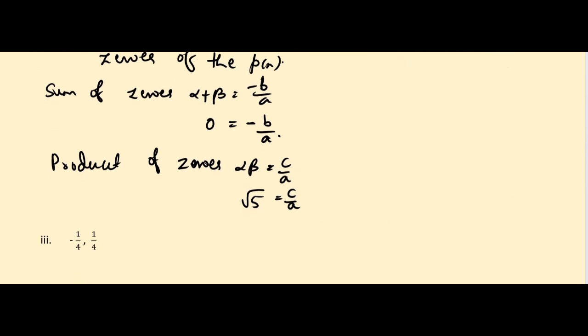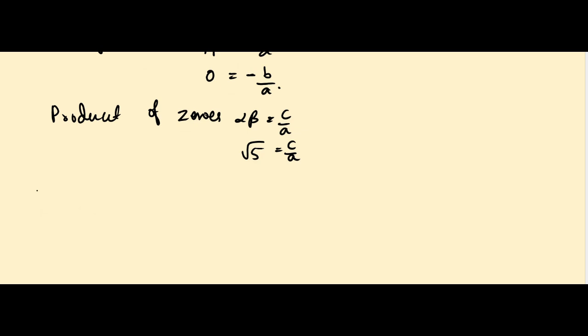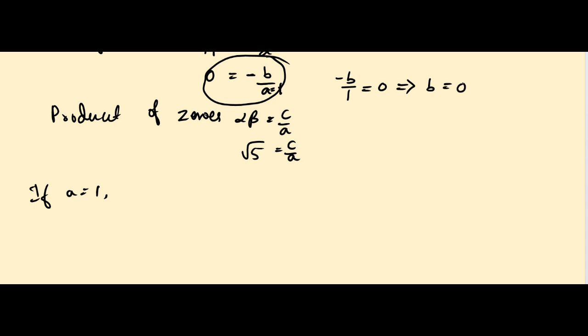We have to find the polynomial. If a is equal to 1, then when we put a is equal to 1, minus b by 1 is equal to 0, which implies b is equal to 0.